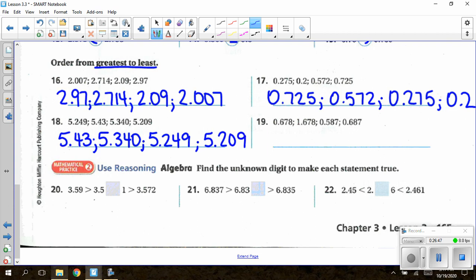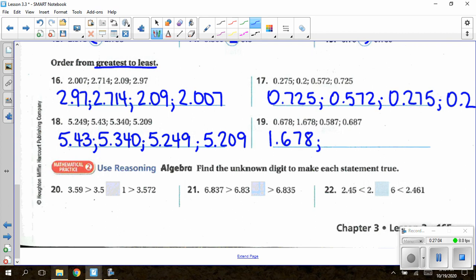And finally, for question number 19, to order from greatest to least, I do have a ones digit that is different, and obviously 1 is greater than 0, so I automatically know that that is my largest decimal that is listed.